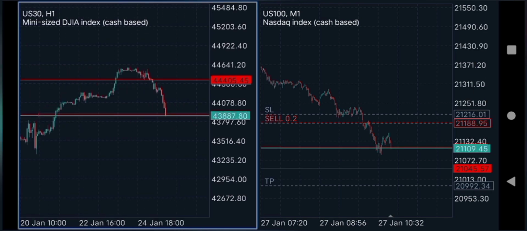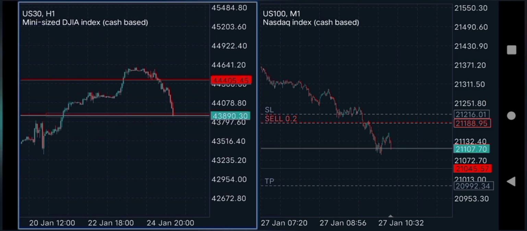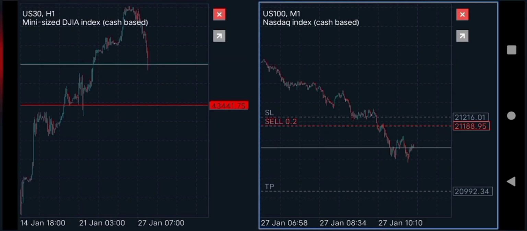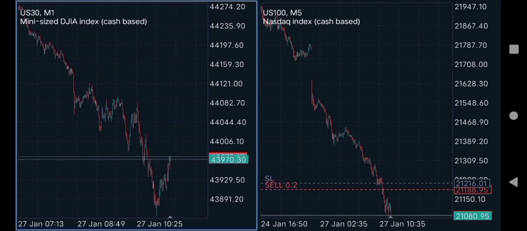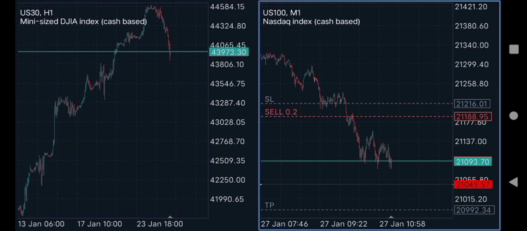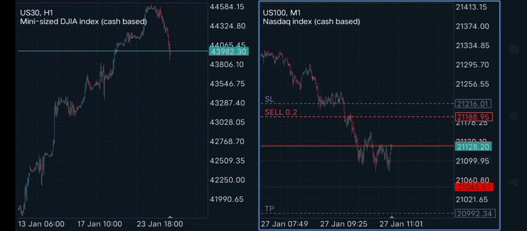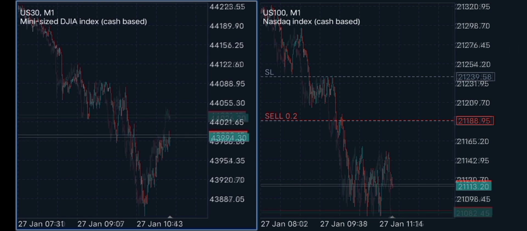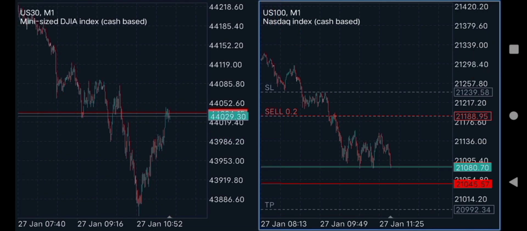But for today, I was really interested in holding the trade on Nasdaq till it hits its own fair value gap. So I was confident in holding despite the consolidation Nasdaq was seeing, as you can see, this back and forth movement happening. I was still confident in holding.